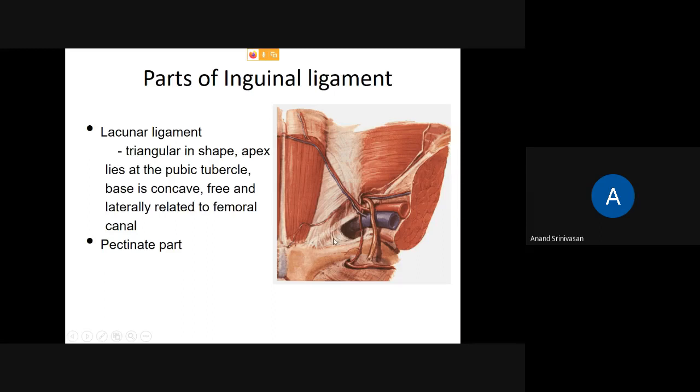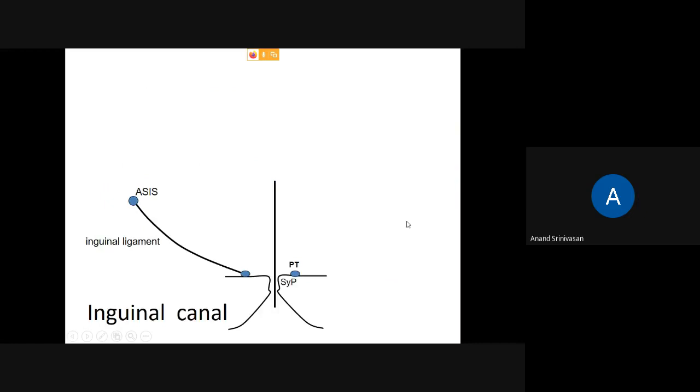So this is the lacunar ligament, which is nothing but a part of the inguinal ligament, and this is the pectinate ligament, which is indicated in the purple dots. So if you want to widen the femoral ring, you need to cut through the lacunar ligament.